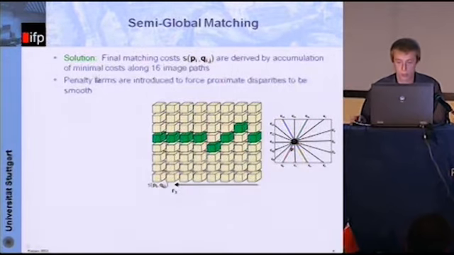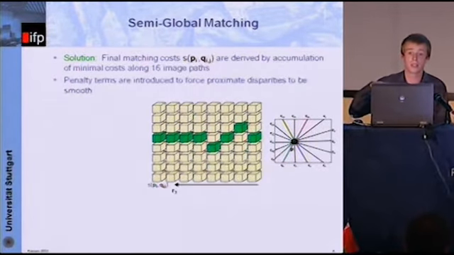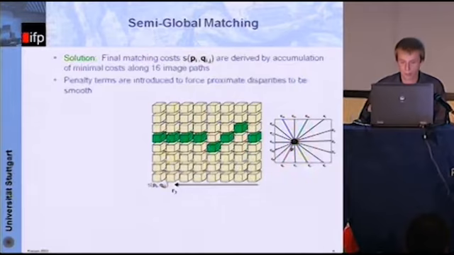So you take the proximate cost values and you do some sort of weighted summation of the costs contained by the cost cubes. You also introduce some penalty terms in here to force these things to be rather continuous. That also will guarantee you a surface that is rather smooth.